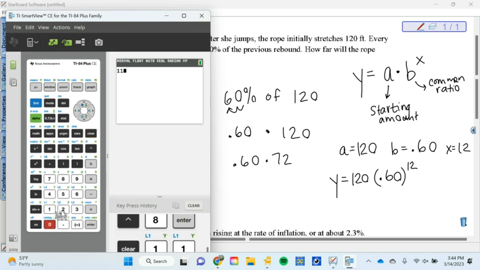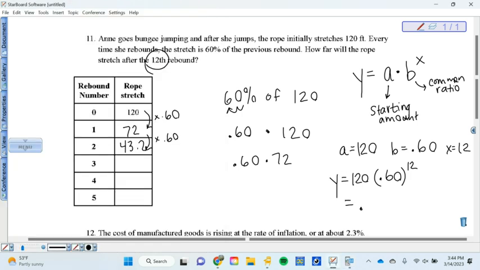I do 120, and then I can just do parenthesis 0.60, and then this little caret symbol to put in my exponent, and then I put in 12. So I get 0.26. So by the 12th rebound, she's not going very far. She's just barely moving at the end, because that's 0.26 feet, like 3 inches.